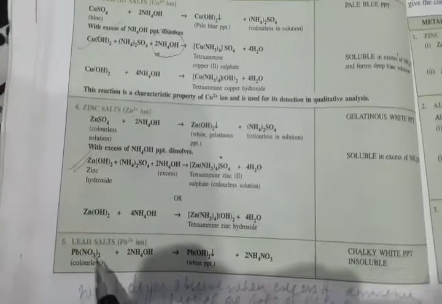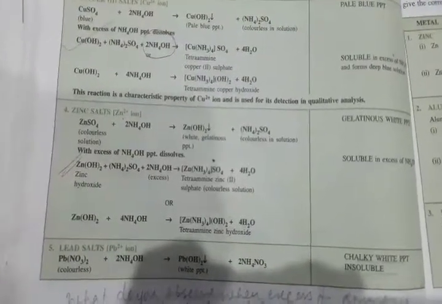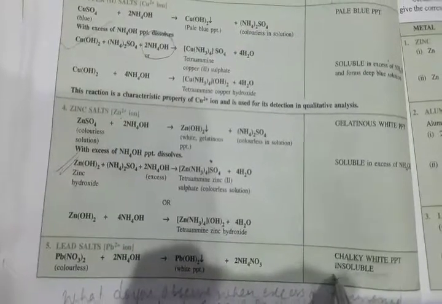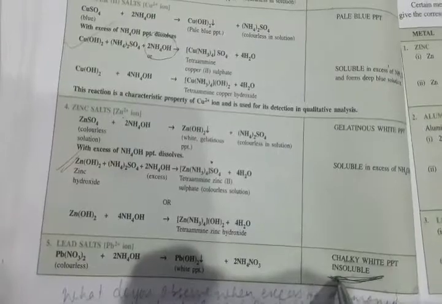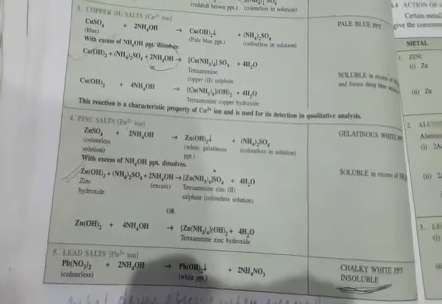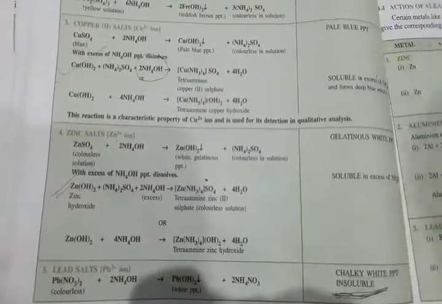Similarly in the case of lead nitrate, it always forms an insoluble precipitate. However, you can add excess of NH4OH in this case, but it will remain insoluble. So this is all about the table, and you have to learn these things: gelatinous, white, precipitate, and other things.